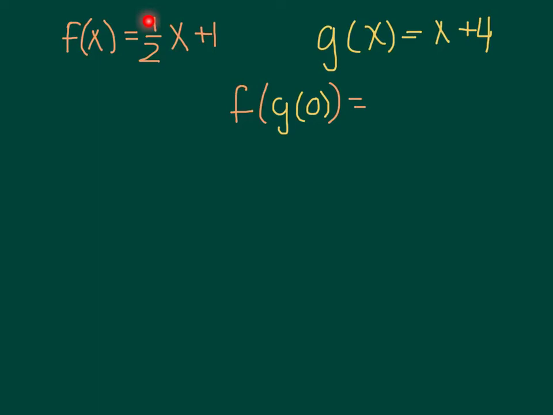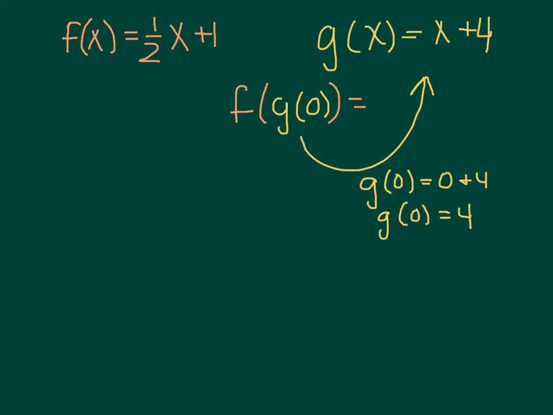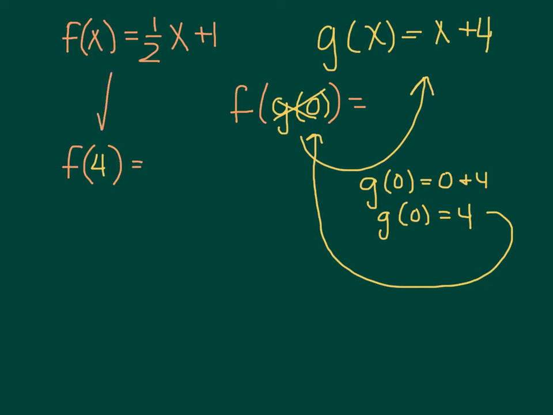Now again, my first step is going to be to plug 0 into g of x. So g of 0 is going to be 0 plus 4. So g of 0 equals 4. Now I take that 4 and go back up here and replace my g of x with 4. So now I'm going to do f of 4, and that's going to be using my f of x function.